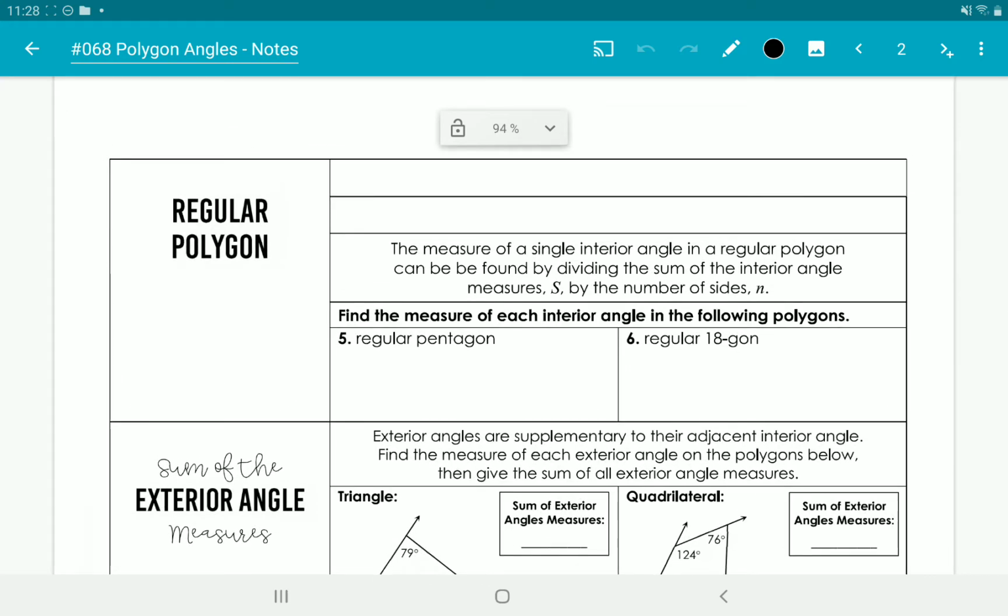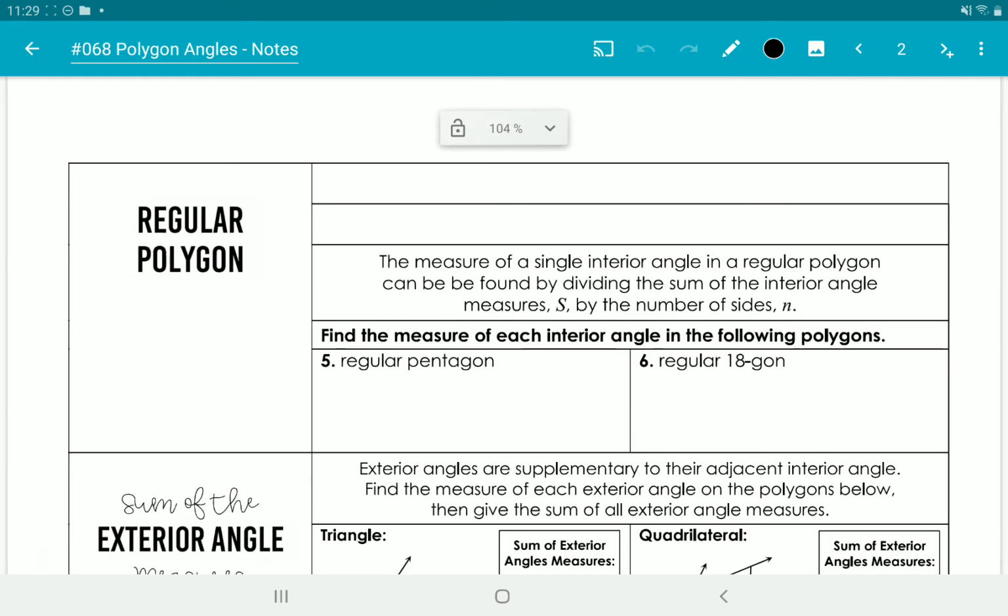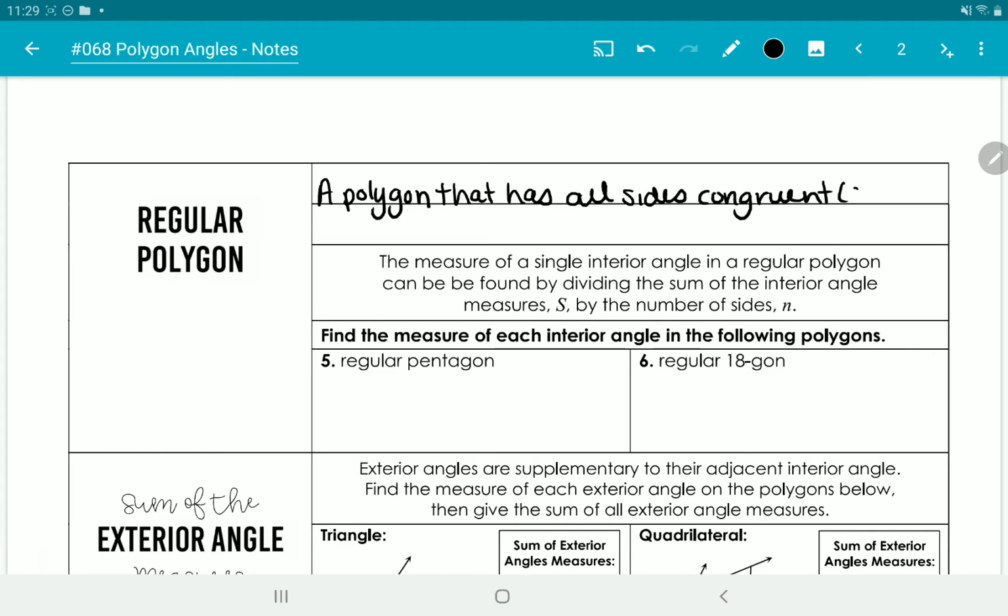When we're looking at different polygons, there's a special type called a regular polygon. A regular polygon has all sides congruent, so all of the sides are the same length, and therefore all angles will be congruent, or the same.